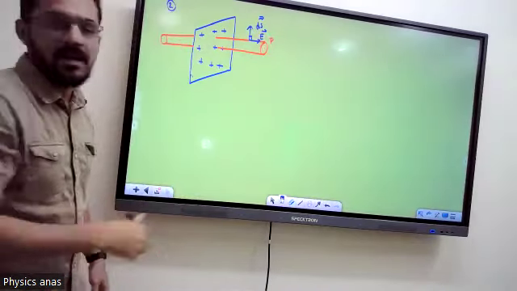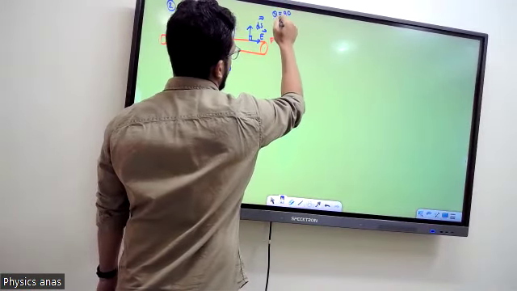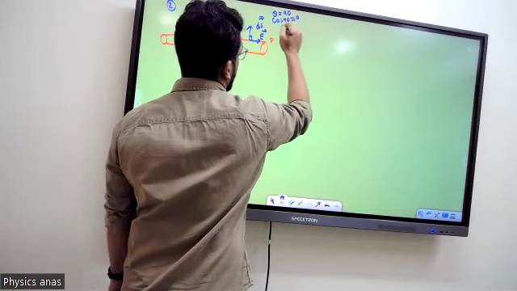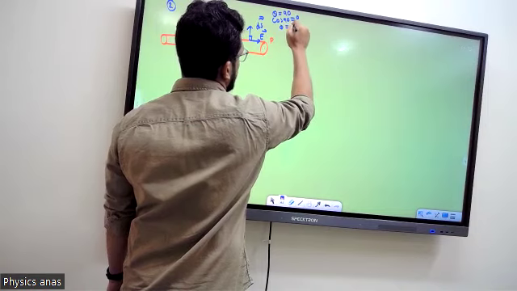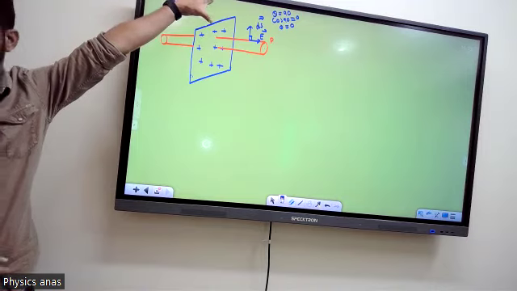So theta is 90 degrees. If theta is 90 degrees, cos 90 is 0, and phi is equal to 0. There is no flux through that.